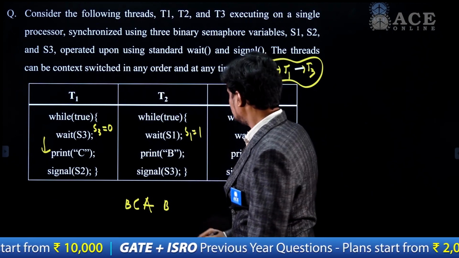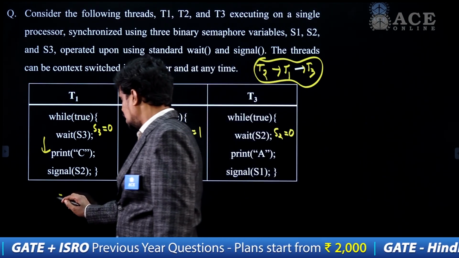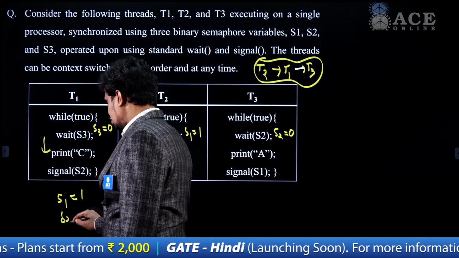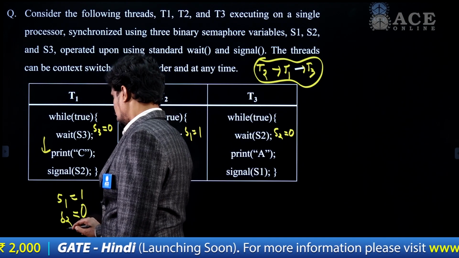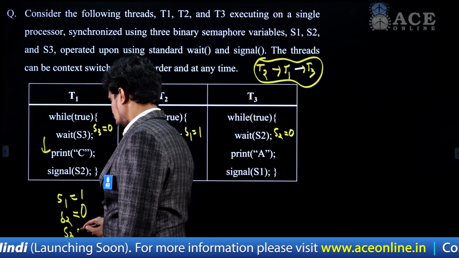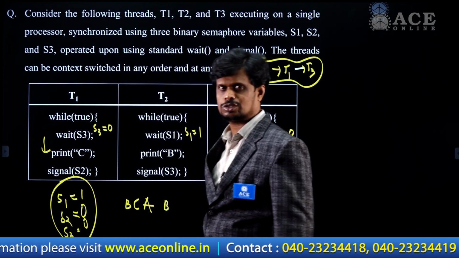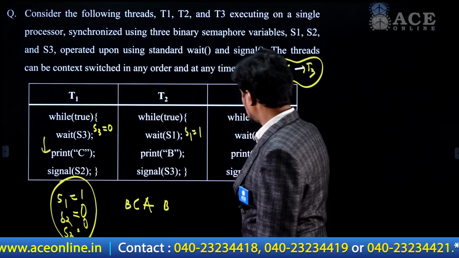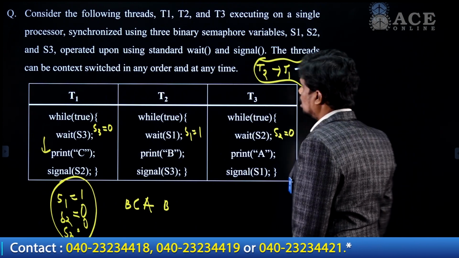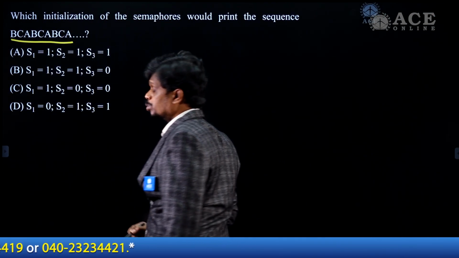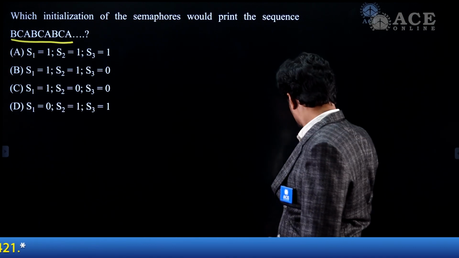Hence we can say that the initial value of semaphore S1 is 1, the initial value of semaphore S2 is 0, and the initial value of semaphore S3 is 0. So for these initial values of S1, S2 and S3, the output string BCA, BCA, BCA can be possible with this combination.